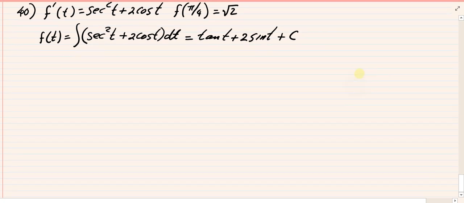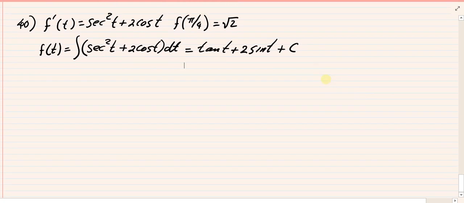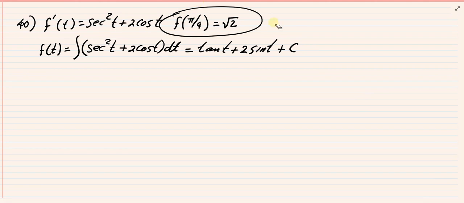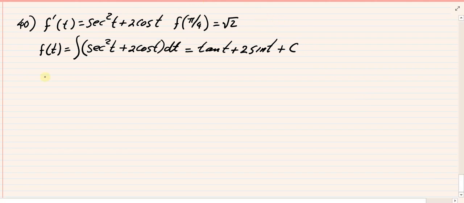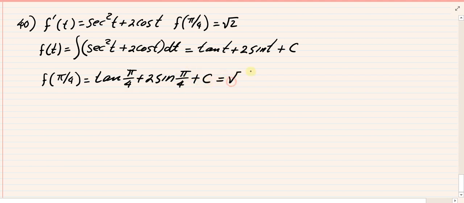This is all possible functions whose derivative would be f prime t as given by the exercise. Now, the initial value kicks in. For f at pi over 4, that's tangent of pi over 4 plus 2 sine of pi over 4 plus a constant, which must equal square root of 2.